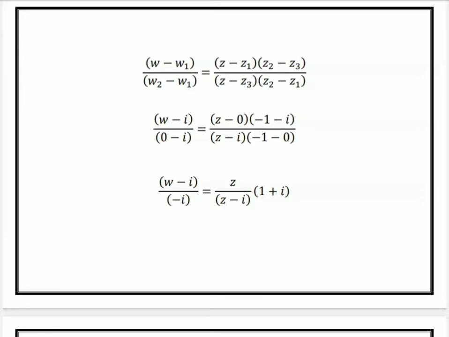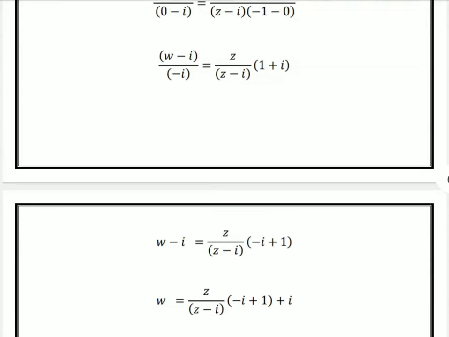Here z - 0 is z, and taking the minus outside, we get -(1 + i) divided by... here having -1, so minus minus cancels, and you get z divided by (z - i).